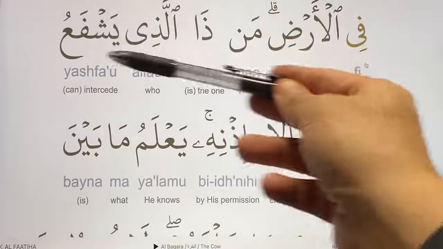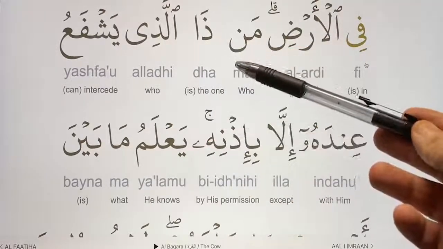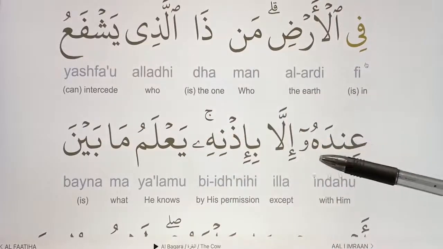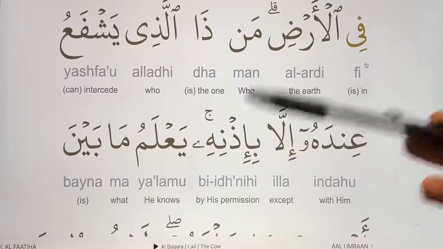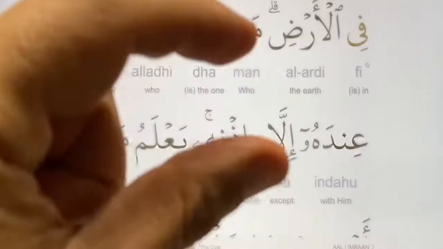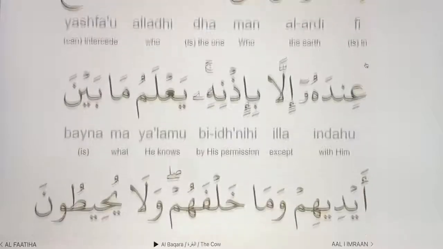So there's your next goal right here. من ذا الذي يشفع عنده إلا بإذنه. Okay, if you got that down, ready for the next part, now you can continue. Otherwise, keep going back until you learn it one small bit at a time.